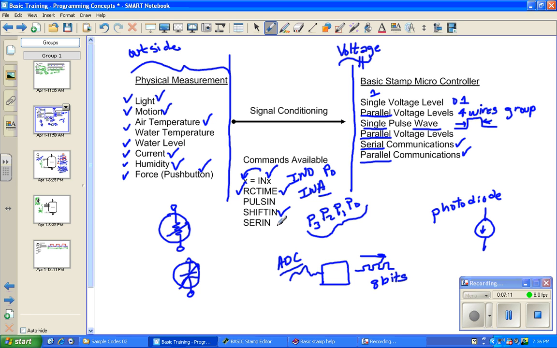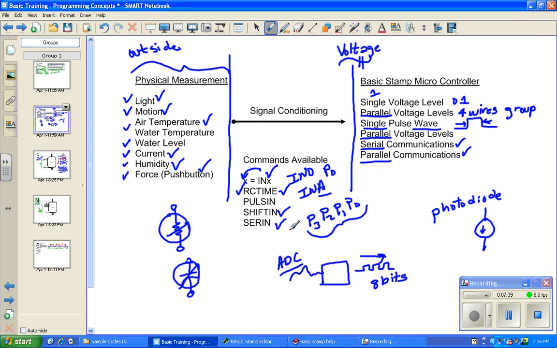Some of your devices, such as your GSM modem and your RFID reader, are very high-level input devices. So in order to communicate with these devices, you use the SERIN command. The reason why is because these devices basically have a microcontroller on them, and you're using two microcontrollers to communicate with each other.